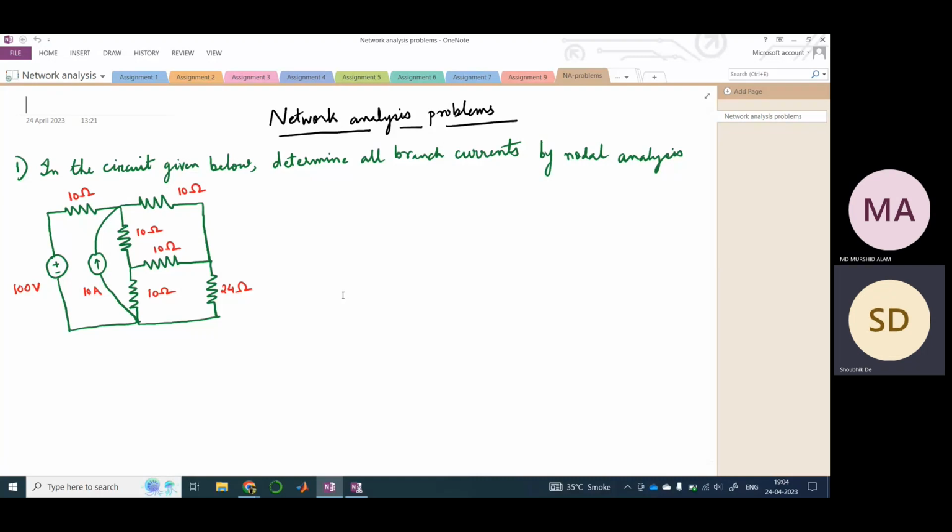That includes your KCL, KVL, then Thevenin and Norton's theorem, then analysis with dependent circuits, and lastly the two-port networks. Due to time limitation, I am restricting the content to these chapters only, but you can expect plenty of problems from these chapters in your final exam. So let's start.